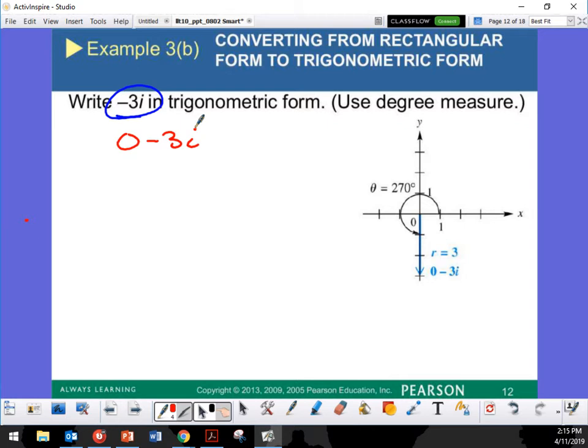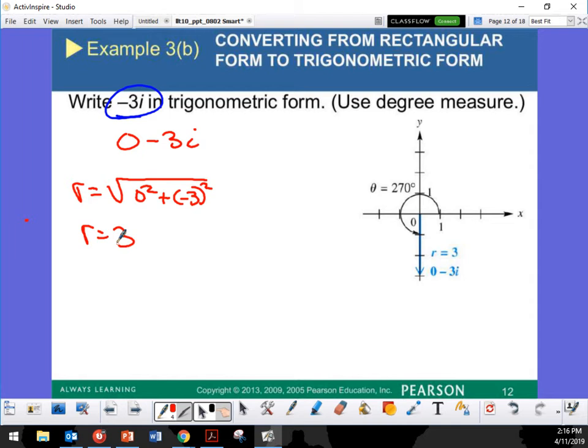Let's do Pythagorean theorem. So r is equal to the square root of 0 squared plus negative 3 squared. So what are we going to get for my r? Positive 3. R is equal to 3.